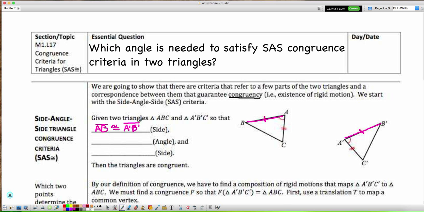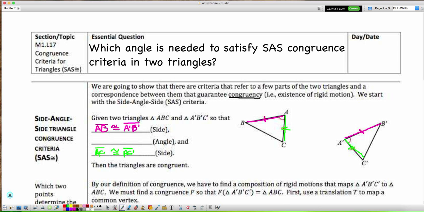Sorry for my handwriting, I'm using a mouse, this is horrible. Next, I usually identify the next side. The next side that they have in common is AC. Notice it has two little tick marks, and A prime C prime also has two little tick marks. So my next statement is that AC is congruent to A prime C prime.